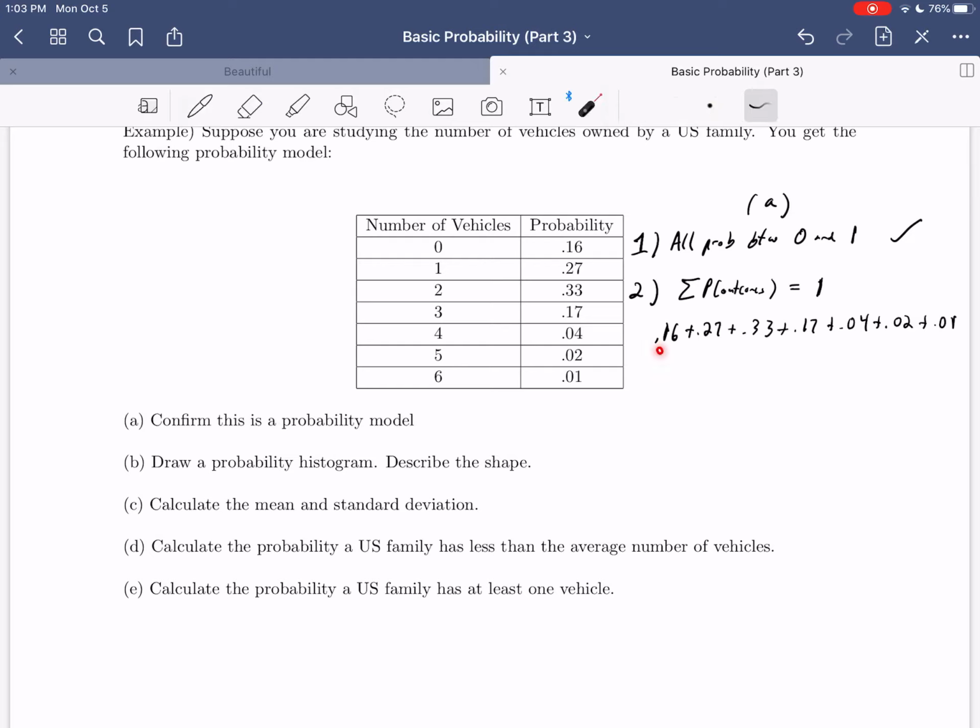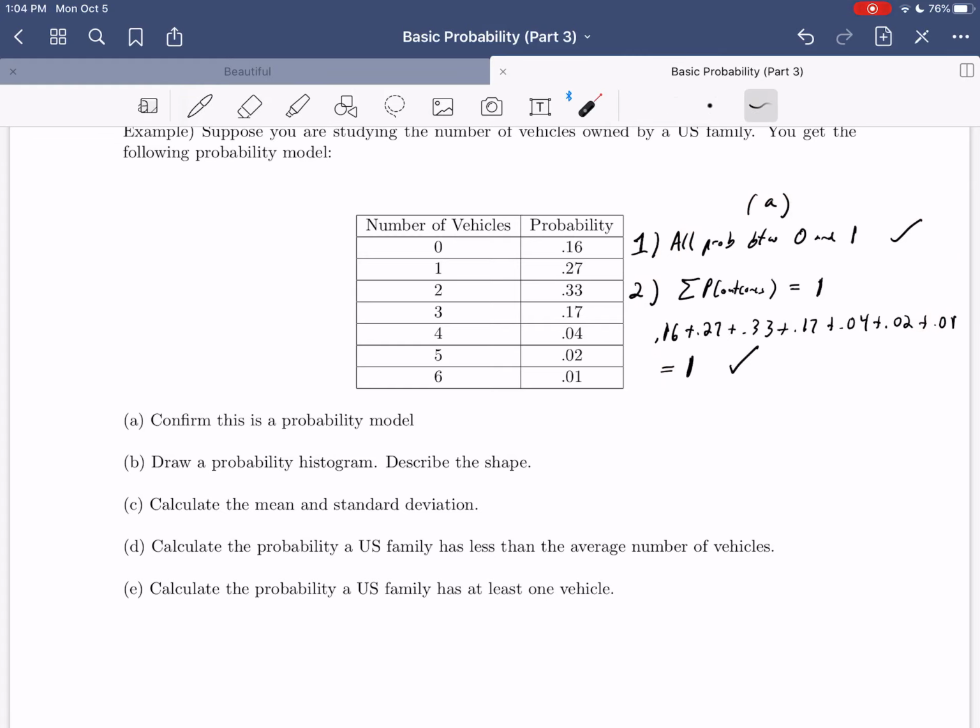Well, 0.16 and 0.27, that's 0.43, plus 0.33, that's 0.76, plus 0.17, that's 0.93, plus 0.04, that's 0.97, plus 0.02, that's 0.99, plus 0.01, that is 1. That does indeed equal 1. Check. So that is confirming that this is indeed a probability model.